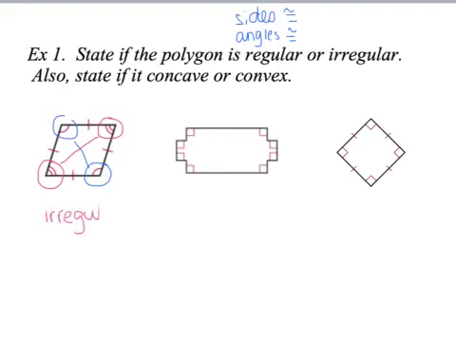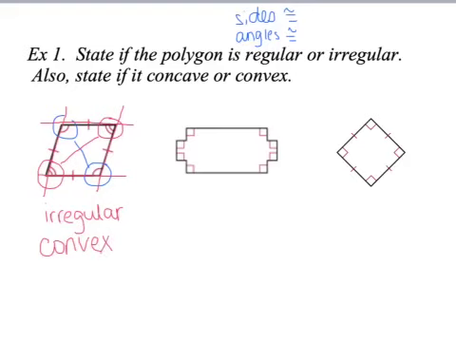Even though all the sides are congruent, I can say that it's equilateral, but it is not both equilateral and equiangular. Okay, now is it convex or concave? So if you're going to draw on each side, and the side does not pass through the polygon, do you remember what word we call that? Convex. If it does not go into the polygon, it's known as convex.